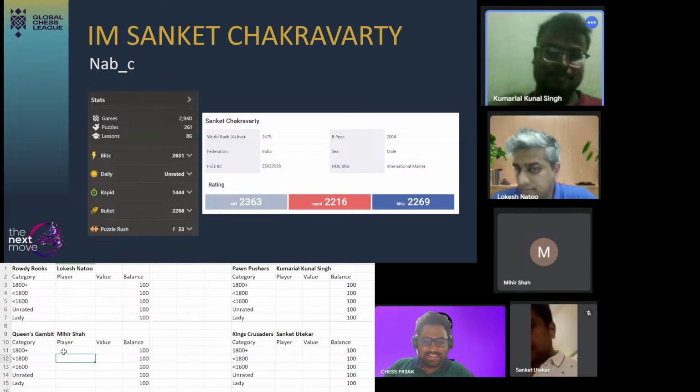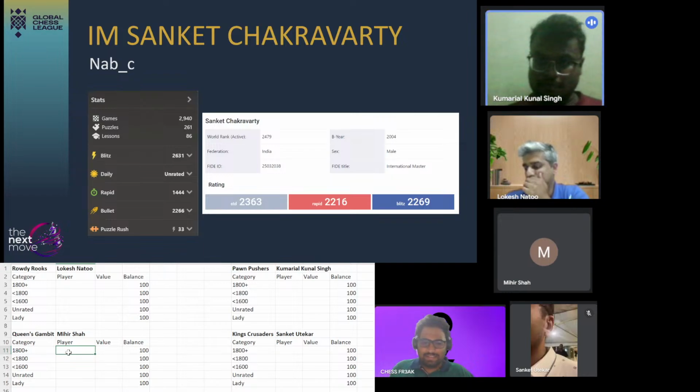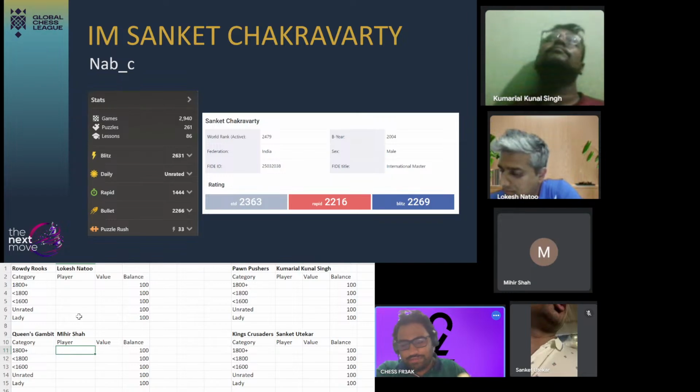Okay, guys, since this is the first player and the rules are not very clear, let's give the benefit of the doubt. 43 points, Rowdy Rooks, Sanket Chakravarti. 45 points, Queen's Gambit, Mihir Shah for Sanket Chakravarti. Will we see any of the teams spend 50% of their purse for one player?